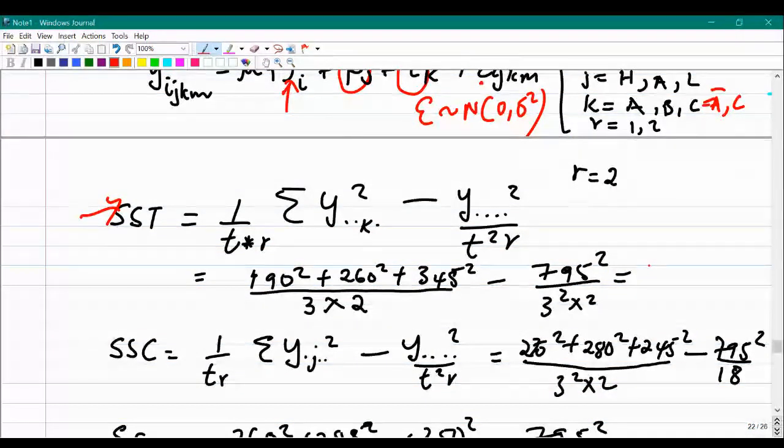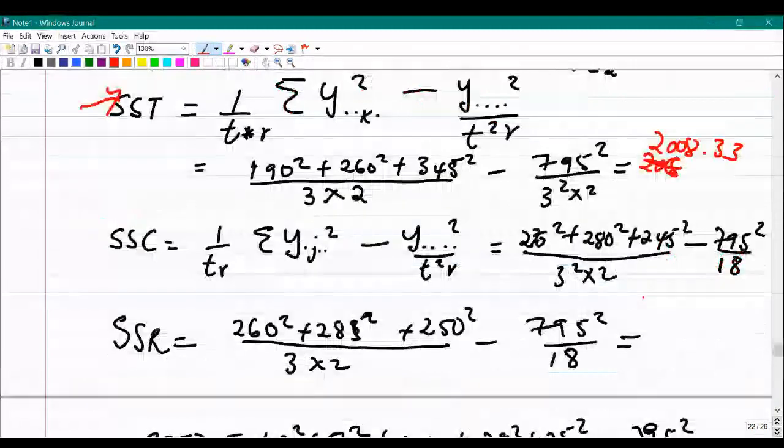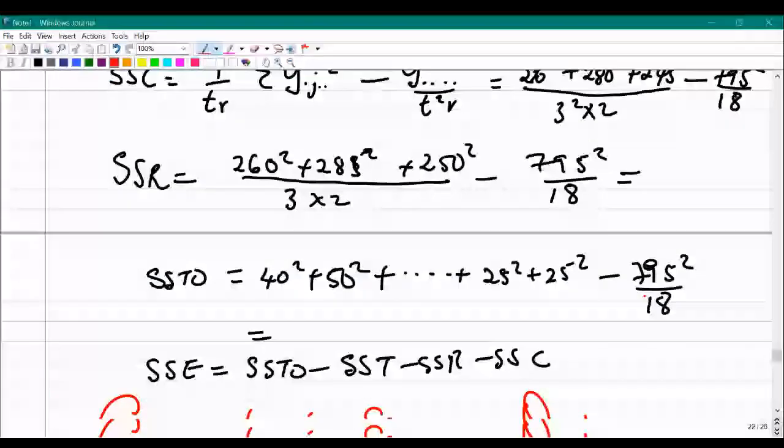Yes. And then again, I asked you to find SS column, SS row, SS total.